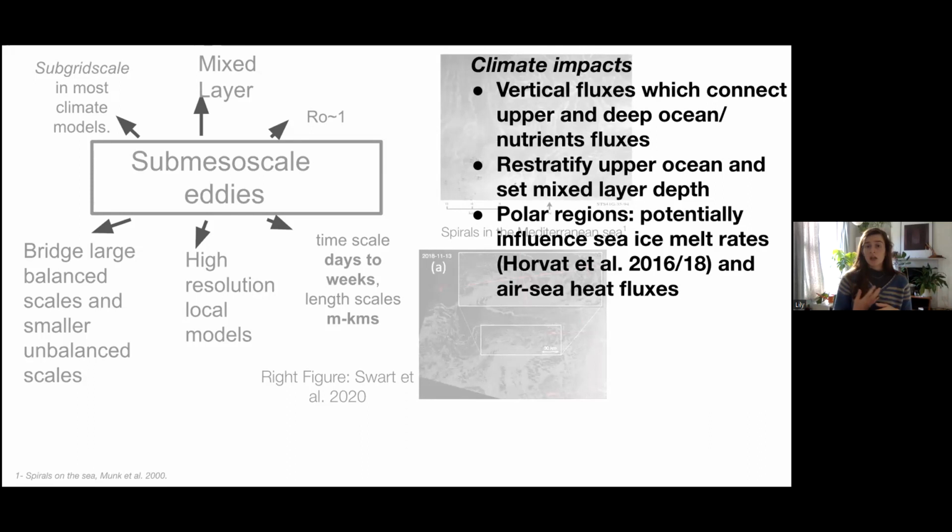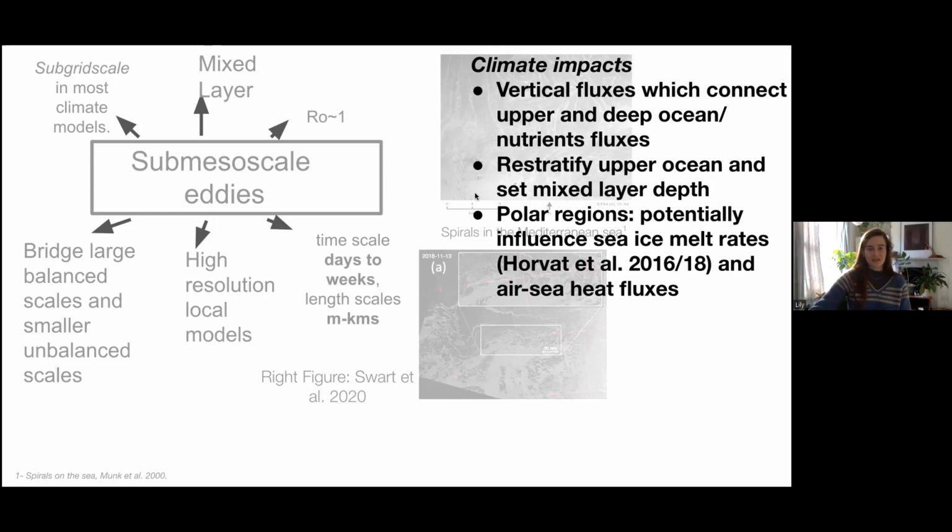And not just nutrient fluxes, but also buoyancy fluxes between the subsurface ocean and the mixed layer can re-stratify the upper ocean and therefore set the depth of the mixed layer and the stratification. And then I'm going to be talking obviously about their impacts in polar regions. So this could be like sea ice melt rates, for example.